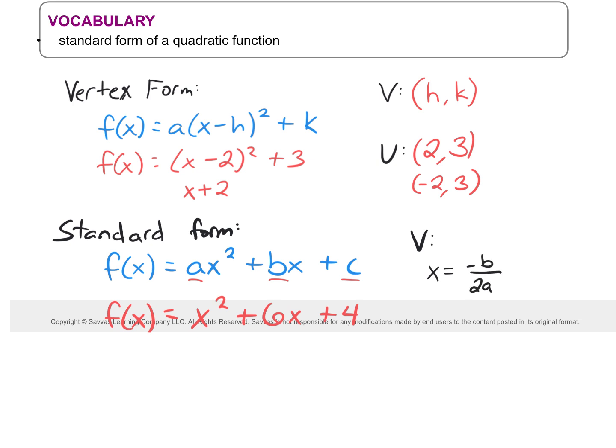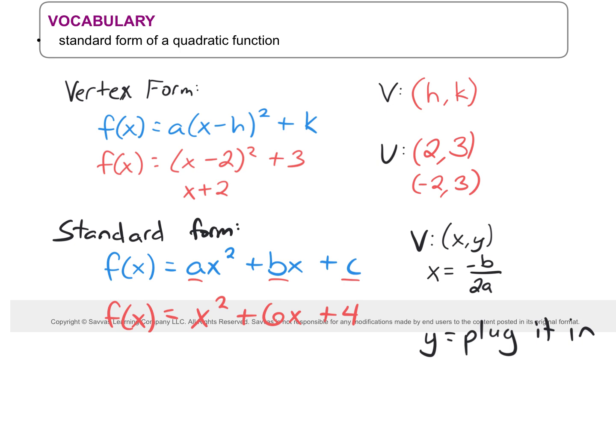So we'd use x equals negative b over 2a to get our x value. How would we find the y value once we had the x value? We would plug it in. Yep. So today we're focusing on standard form, which you already know how to graph. We're just focusing on how to find the vertex, and then we're going to talk about some key features.